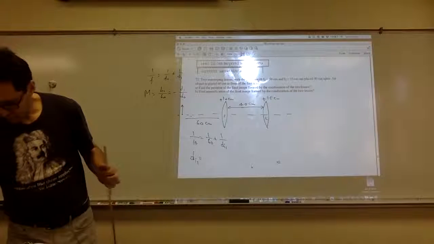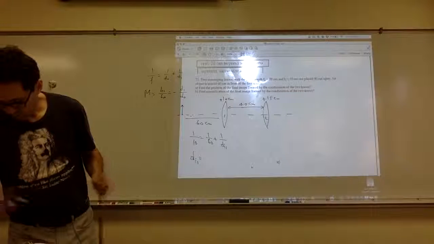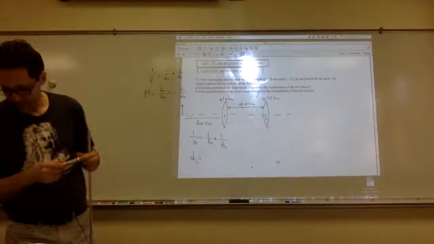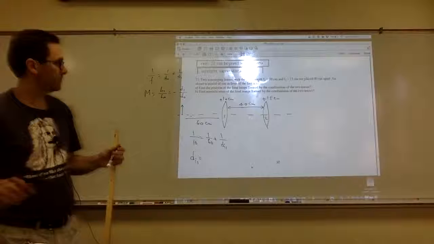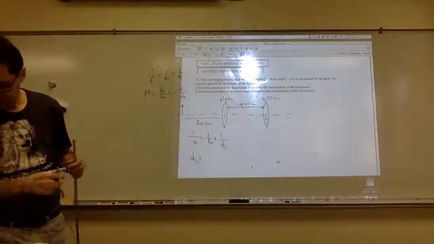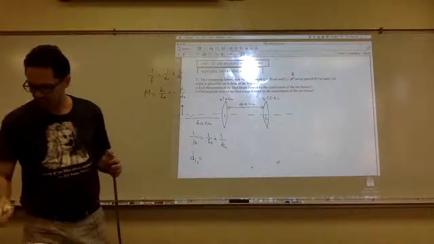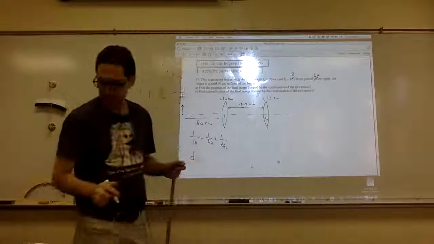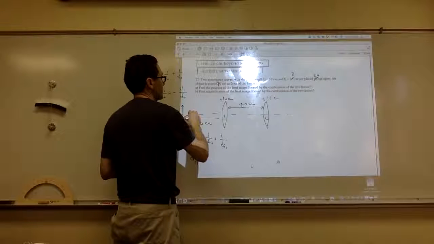I think I changed the numbers here. I think I changed the numbers so f2 is 8, and they are separated by 20 centimeters, and this one is placed 30 centimeters from the first lens.